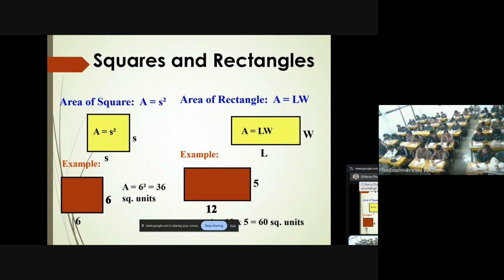You need to remember the formula. Formula only. No need to copy the example because I know you know how to solve it.